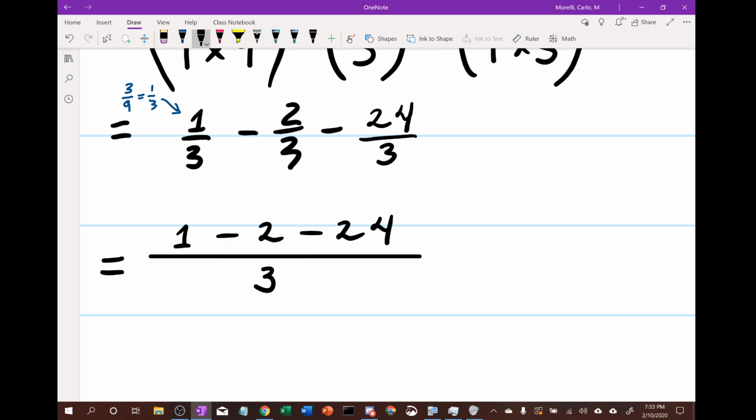Yes, sir. So now this looks really cool. Now we just have to do 1 minus 2 minus 24 in that order. What's 1 minus 2? -1. And then what's negative 1 minus 24? -25.